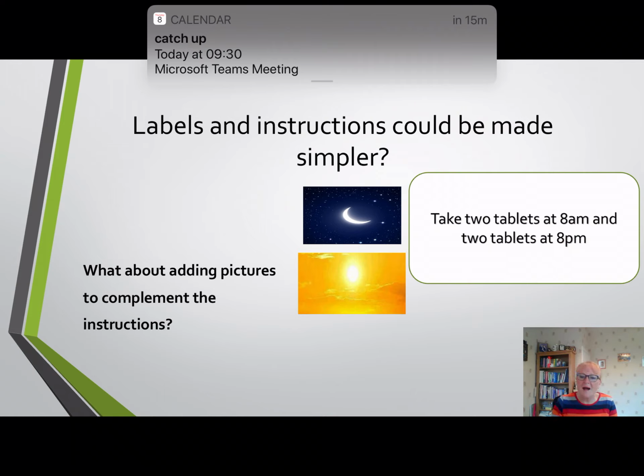Wouldn't it be nice actually to see a label like this? Take 2 tablets at 8 a.m. and 2 tablets at 8 p.m. It would also be nice to see perhaps a picture on the label that corresponds to morning and night. However, this comes with problems itself. We've said before that patients that don't have breakfast might not want to take their tablets then at breakfast time.